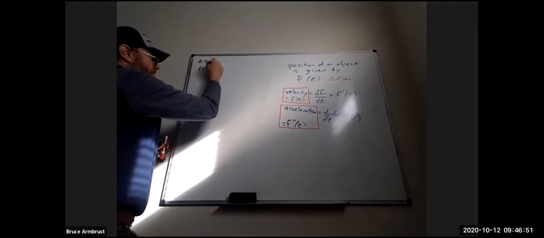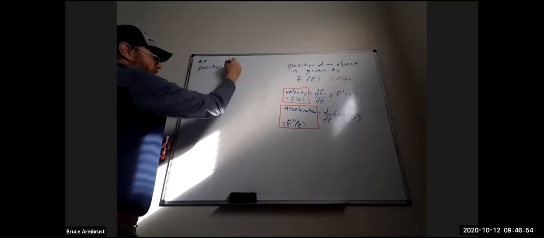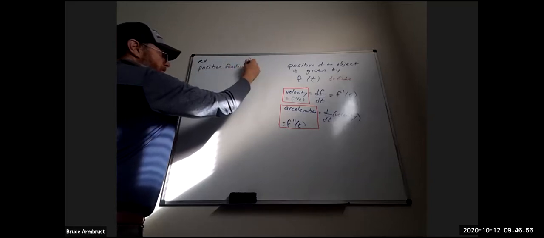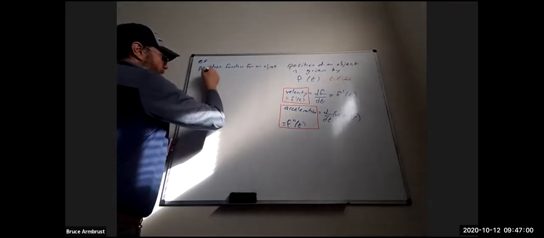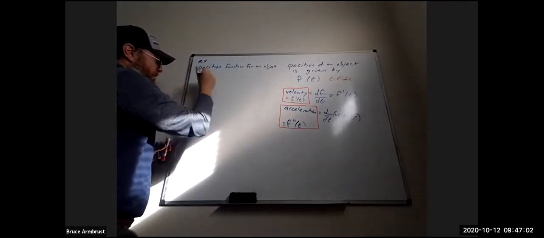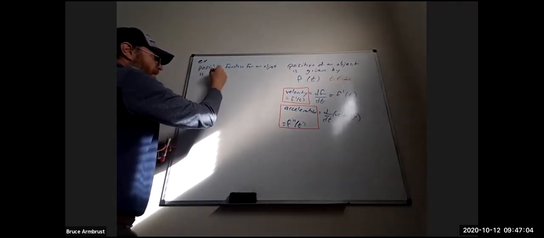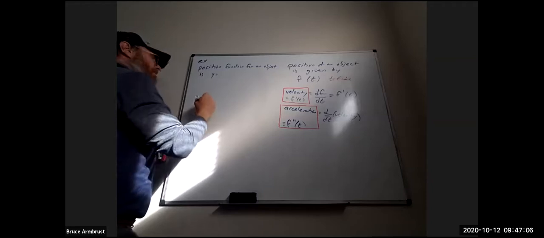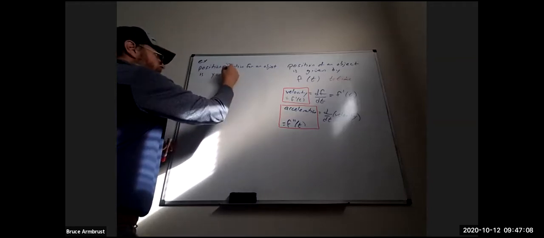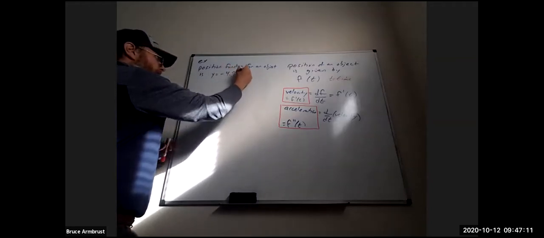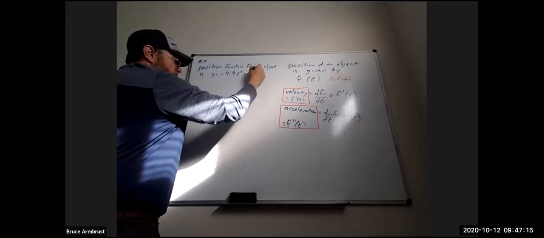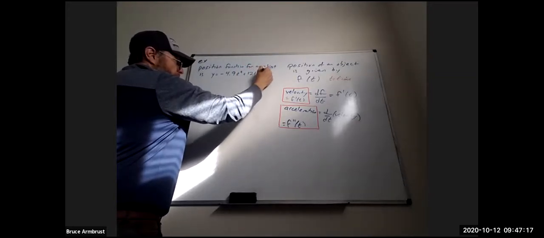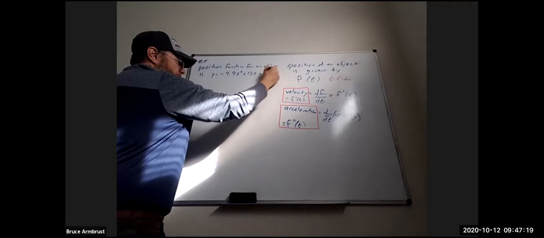Let's say that we've got a position function. And again, it's going to be for an object of some type, doesn't really matter. But let's just say that it's given by y equals minus 4.9 t squared plus 12t plus 3.5.